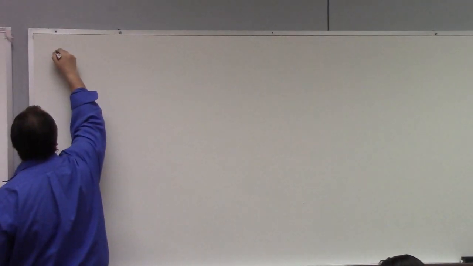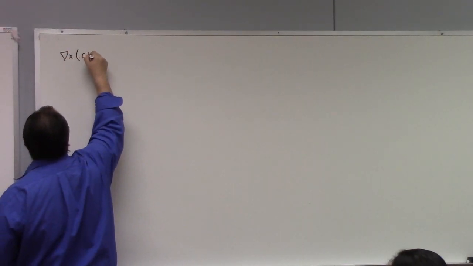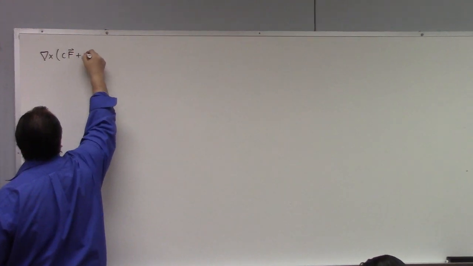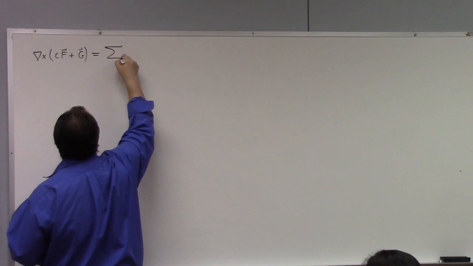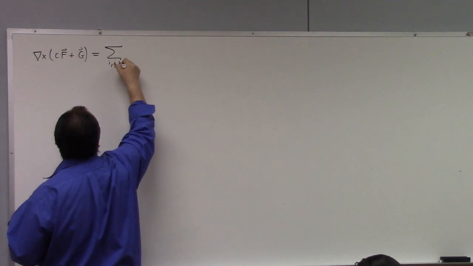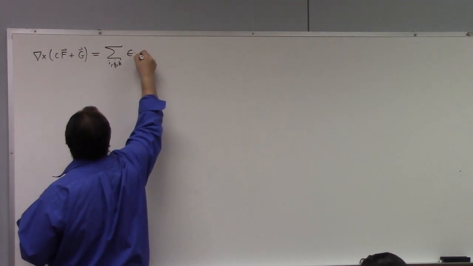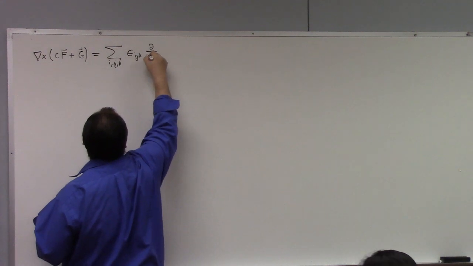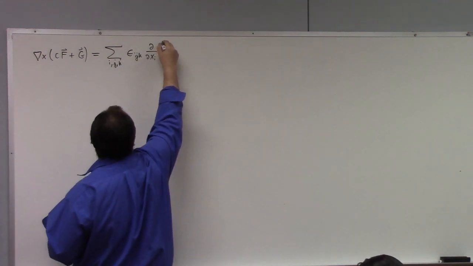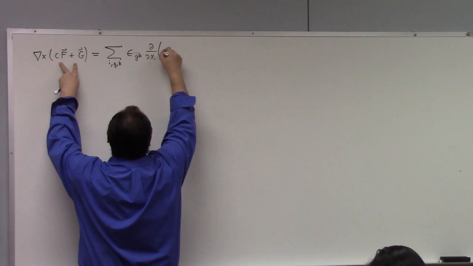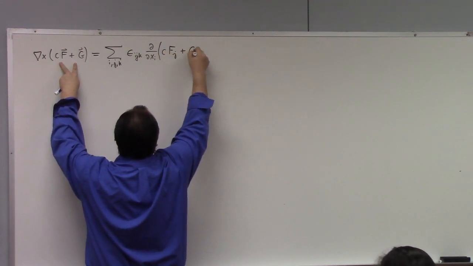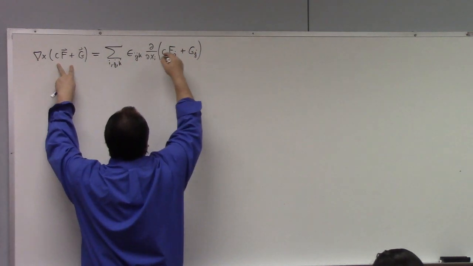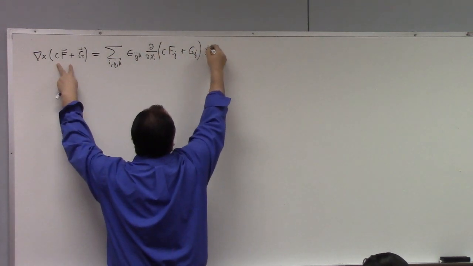See, if we have the curl of a constant times a vector plus another vector, we have the sum over ijk of epsilon ijk partial x sub i of the jth component, which is cf_j plus g_j. All of that goes in the k component.